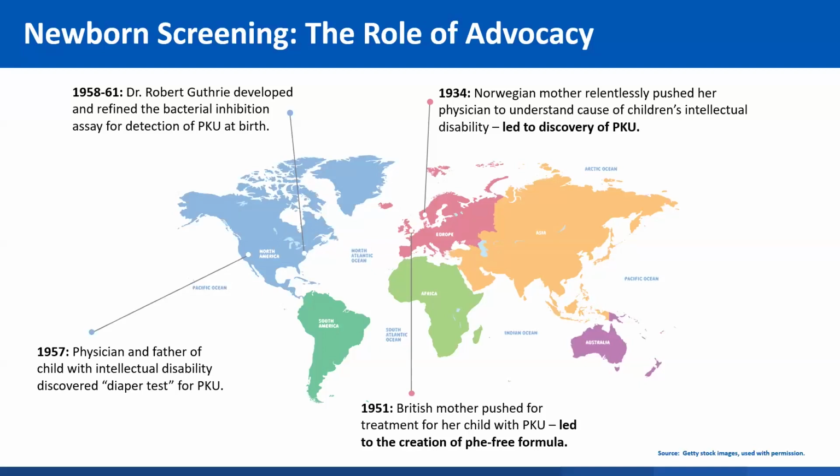And from there, if we go across the pond into the 1950s, we see the creation of two tests for the earlier diagnosis of PKU, a wet diaper ferric chloride test that came out of LA. And a short time later, there was the bacterial inhibition assay developed by Dr. Robert Guthrie out of Boston. And this would later form the basis of the first newborn screening test.